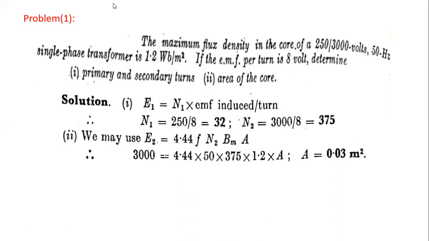What is the formula for finding N1? E1 is equal to N1 into EMF induced per turn. Therefore, N1 is equal to E1 by 8, where E1 is 250 and EMF per turn is 8. Then we obtain 32.